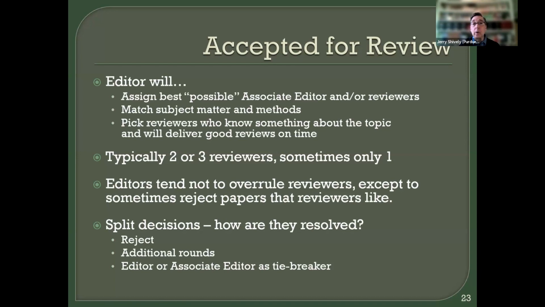But reviewers will always be chosen on the basis of knowing something about the topic. When I was an editor, I often tried to pick 1 reviewer who understood the subject matter of the paper and 1 reviewer who probably understood the methods being used in the paper, so that I would get a good reading on both of those aspects.